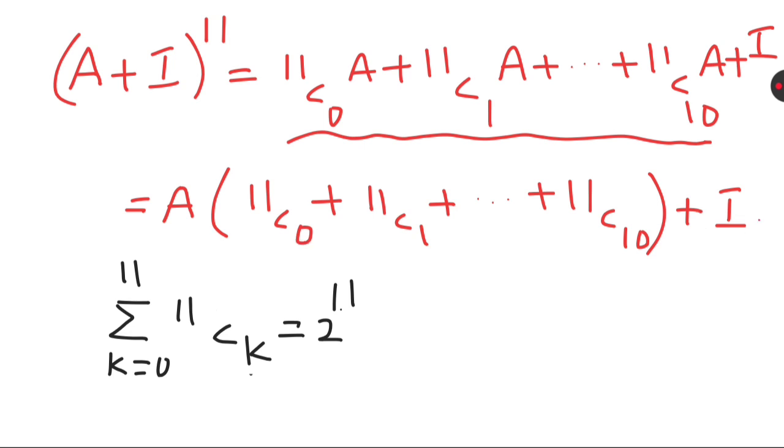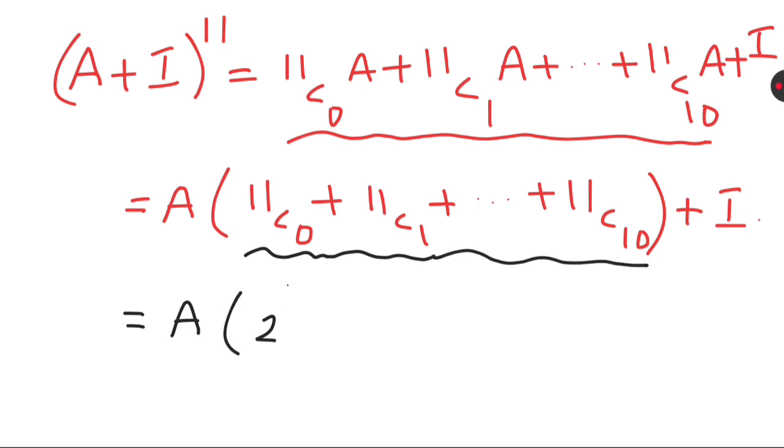That means 2 raised to the power of 11 minus 11c11. So instead of 11c0 plus 11c1 and so on up to 11c10, we can simply write 2 raised to the power of 11 minus 11c11, times A, plus I.